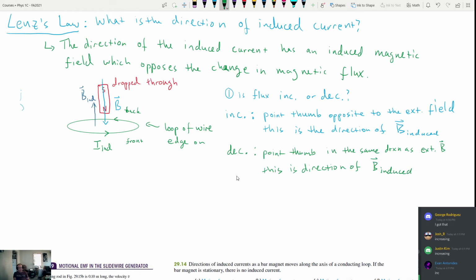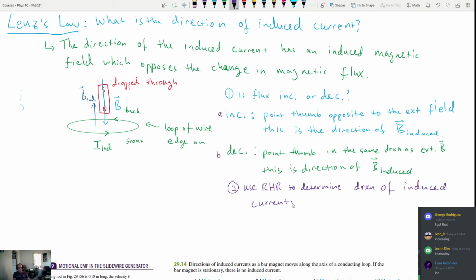I'll give you an example of this, of course. And then step 2, so step 1, this is step 1A, this is step 1B. They're separate from each other. Step 2 is to use the right-hand rule, RHR, to determine the direction of induced current. And that is how you do Lenz's law. That's how you do it.